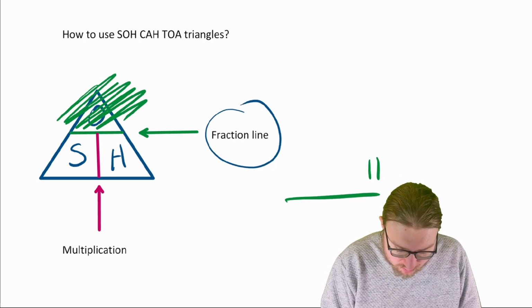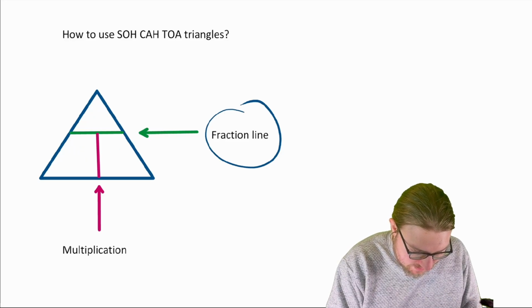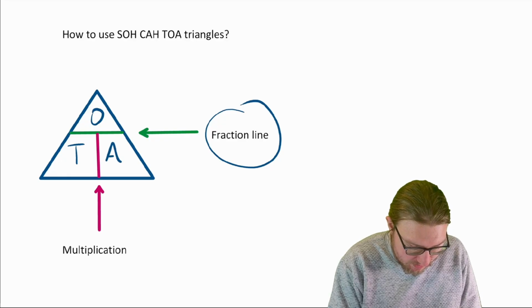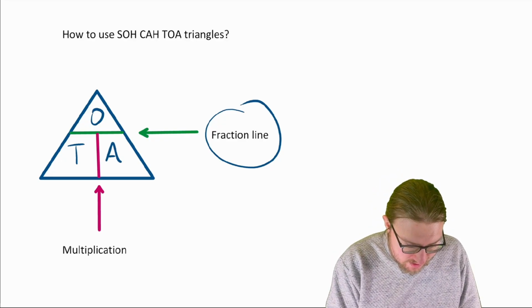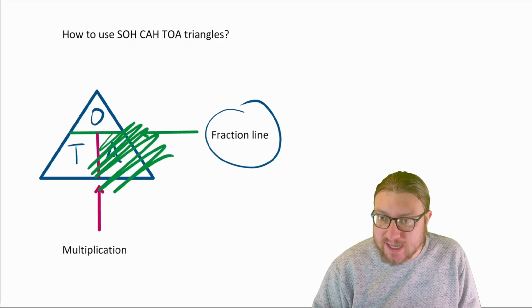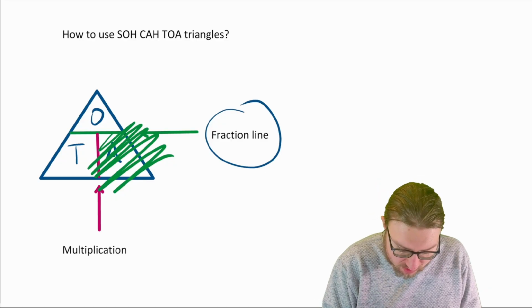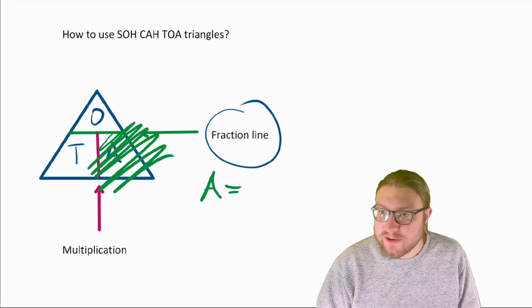So let's do this one more time with a different example. Let's say in this example, we are using TOA, T-O-A, and we want to find the adjacent. Then we cover the adjacent with our finger, and now what is left here is O and T. So the one that we are wanting to find is equal to whatever is left.